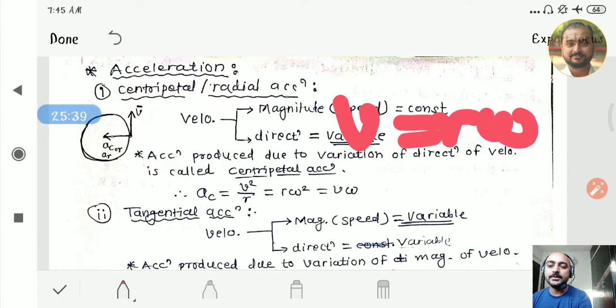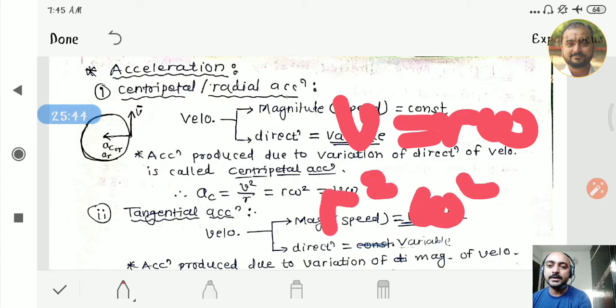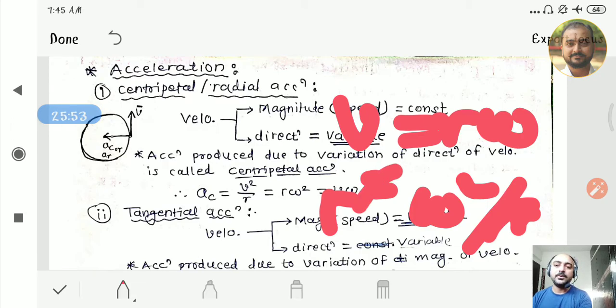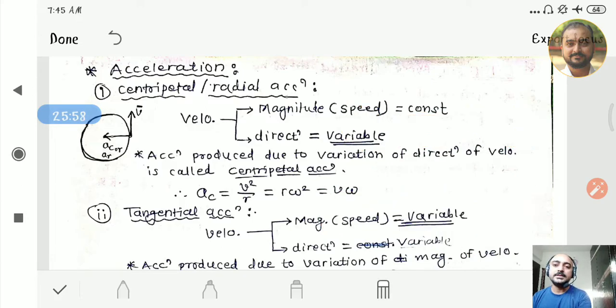In that case, it becomes r square omega square divided by r, and again r gets cancelled, so only r multiplied by omega square remains. In the same way, we can substitute the value of omega using the relation v is equal to r omega, so omega is equal to v by r, and again you get the same one.